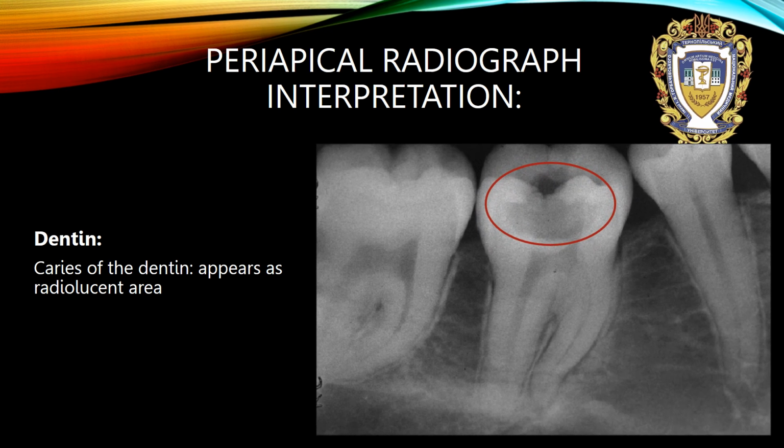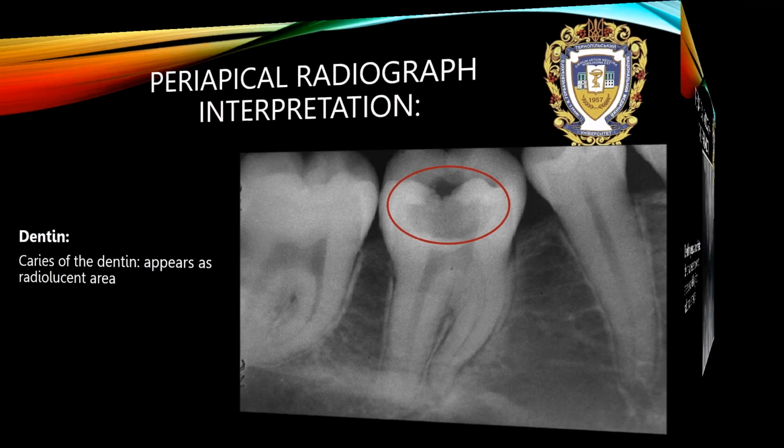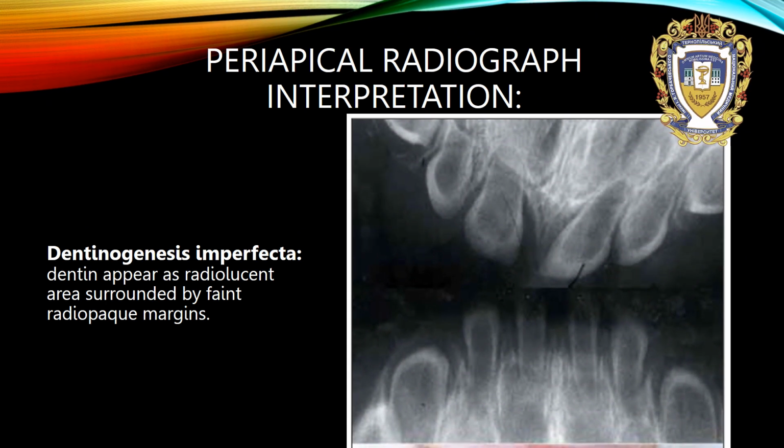Let's go deeper. Dentine. Caries of dentine appears as a radiolucent area. Dentinogenesis imperfecta: dentine appears as a radiolucent area surrounded by a faint radio-opaque margin.